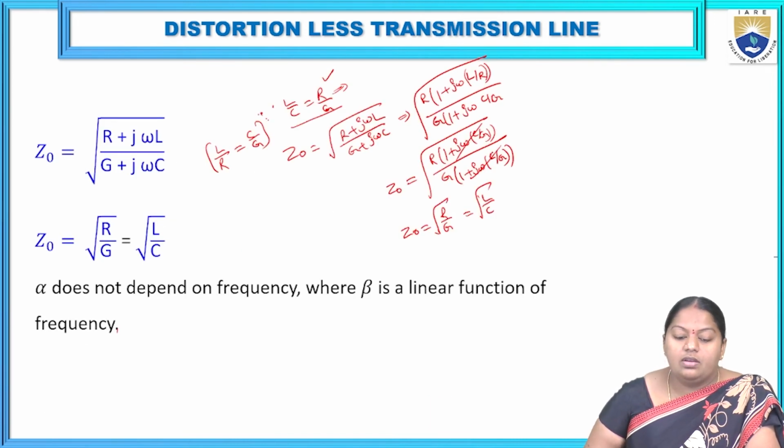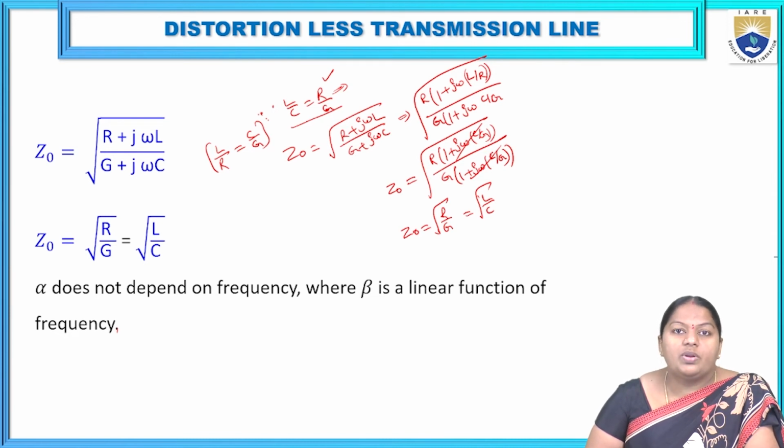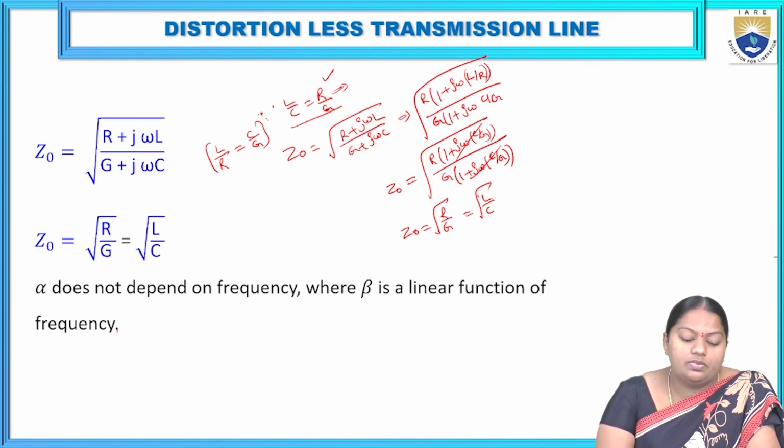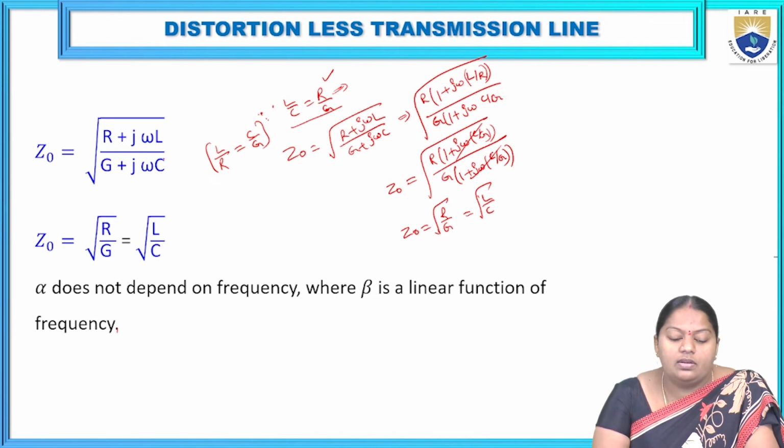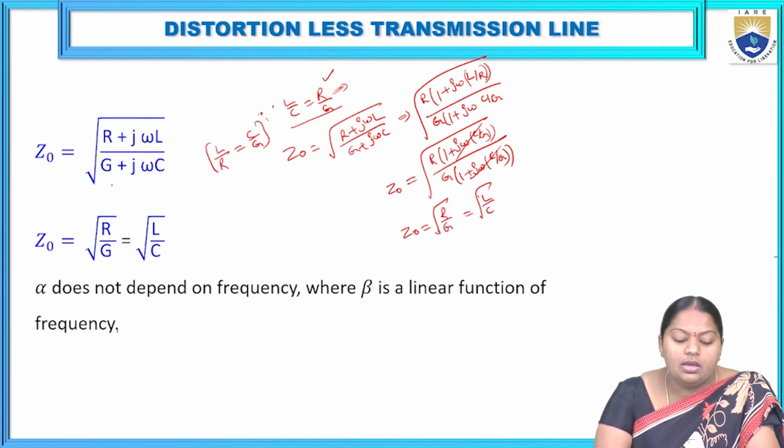Then, from the characteristic equation, all the primary constants are evaluated along with the operating frequency. The characteristic impedance of a transmission line is given by root of R plus j omega L by G plus j omega C. Now in this, consider the minimum condition L by C equal to R by G. If you take R as common in the numerator, 1 plus j omega into L by R, and take G as common in the denominator, 1 plus j omega into C by G is left.